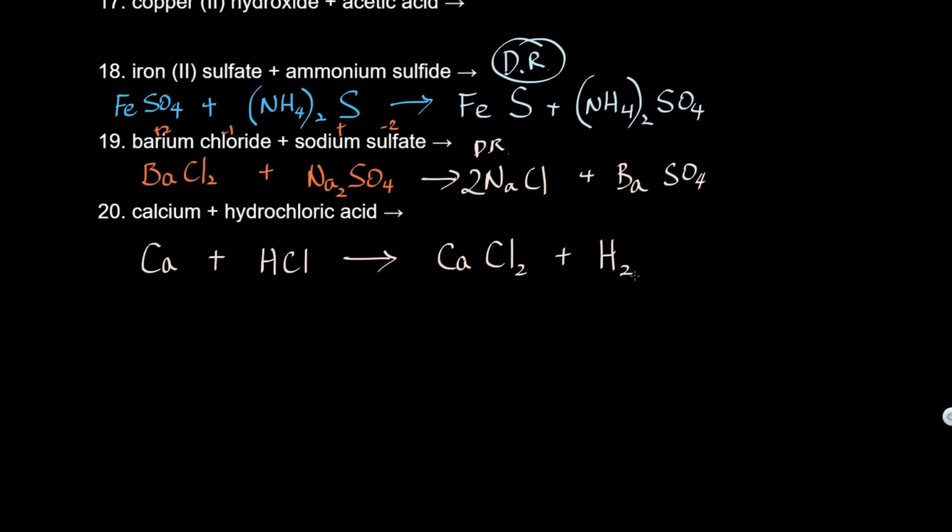So that's what's going to bubble out. All right, so let's balance it now. So we got 2 H's here, and then 2 Cl's on the right side. Just put 2 here. Okay, this is Ca replacing H. So this is considered a single replacement reaction.